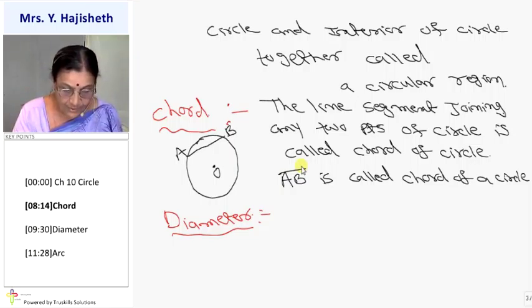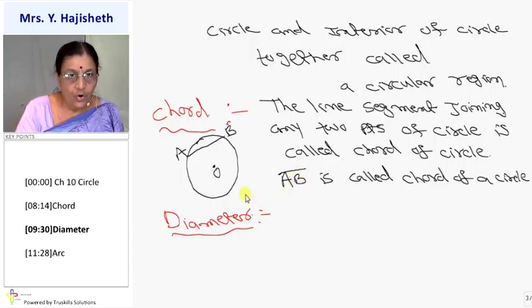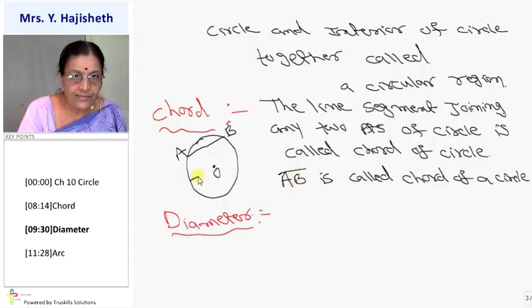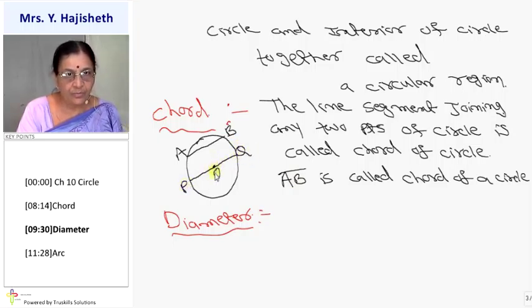Now, what do you mean by diameter? The chord passing through the center of the circle. Suppose this is my PQ, a chord, but it is a special chord passing through the center of the circle. Then it is called the diameter of the circle.